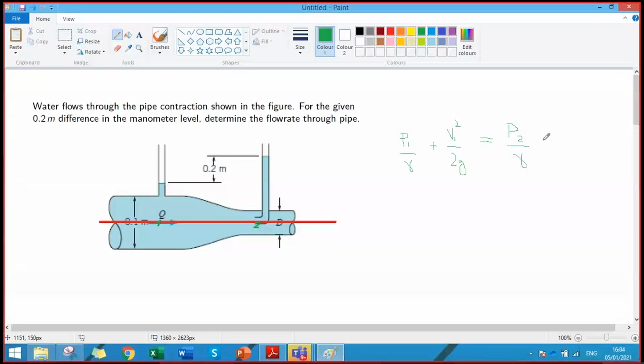So if we see this equation, we have basically three unknowns, right? P1, P2, and V1. So what other information can help us to eliminate the other unknowns? Can we apply the flow rate equation on both the points to find out V1?